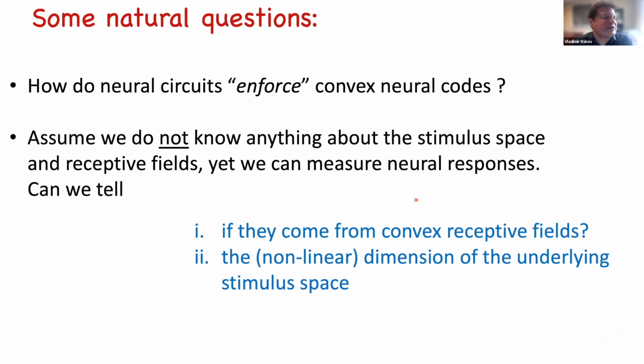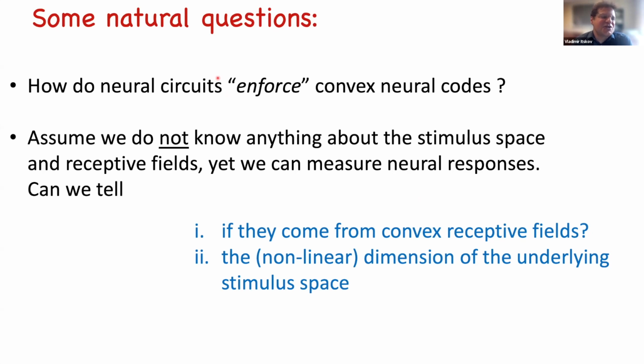If convex receptive fields are so ubiquitous, they don't live in a vacuum, right? The output of most sensory systems is a result of the activity of some recurrent neural network in cortex, hippocampus, etc. And somehow, if we look at slightly averaged activity, it seems to be a result of convex receptive fields.